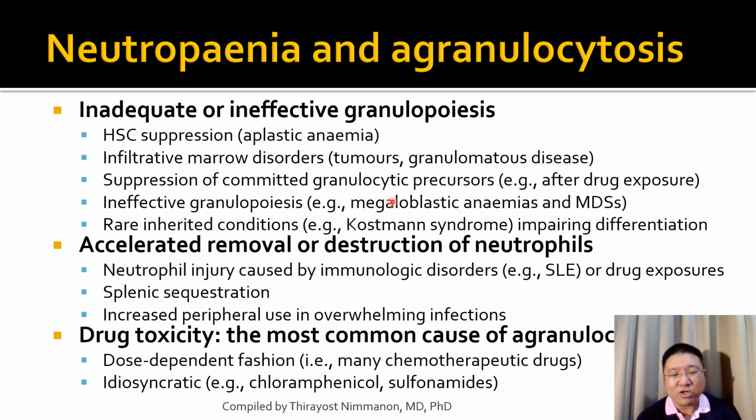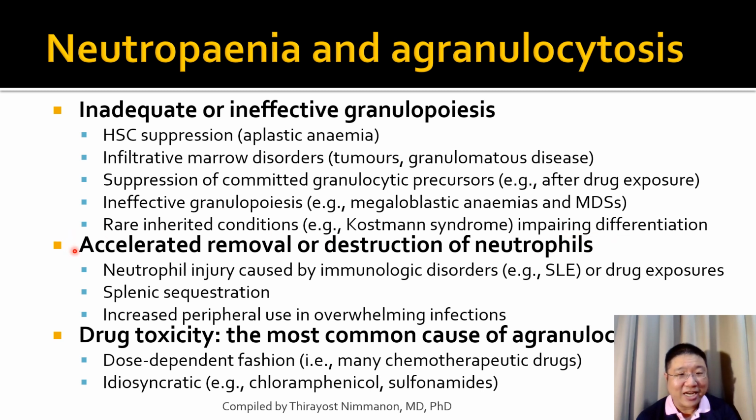This is the result of vitamin B9 or B12 deficiency, and also MDS, which stands for myelodysplastic syndrome. I will mention this again later on. And also rare inherited conditions, including Kostmann syndrome, which impairs differentiation.